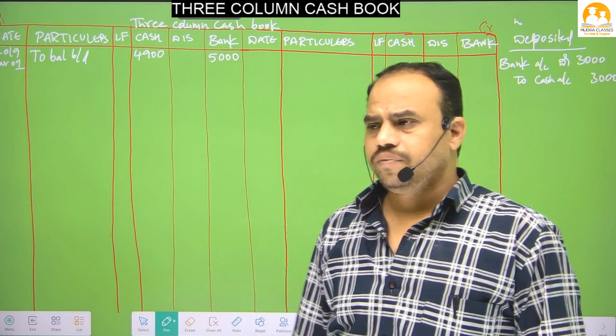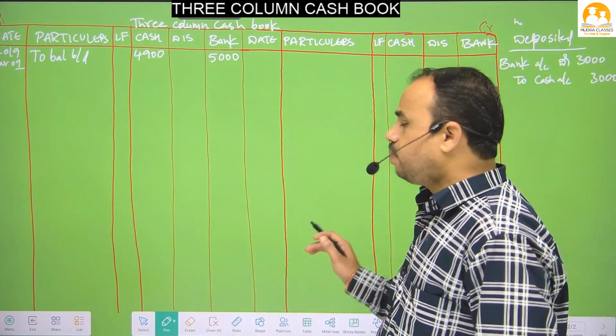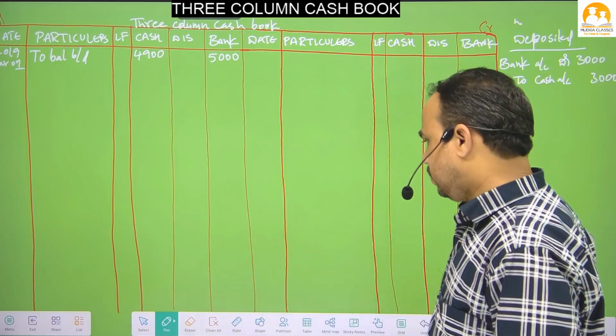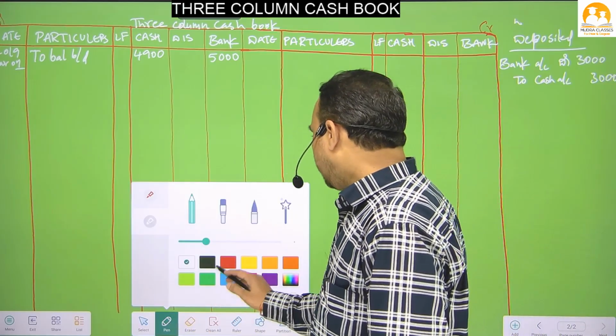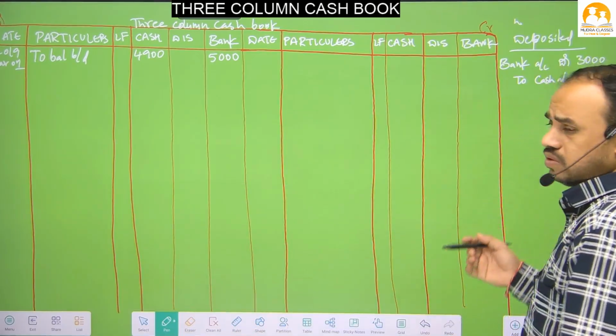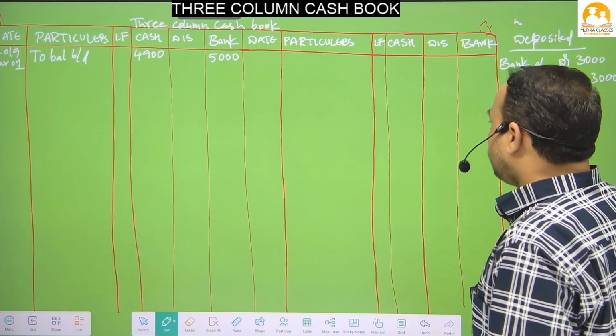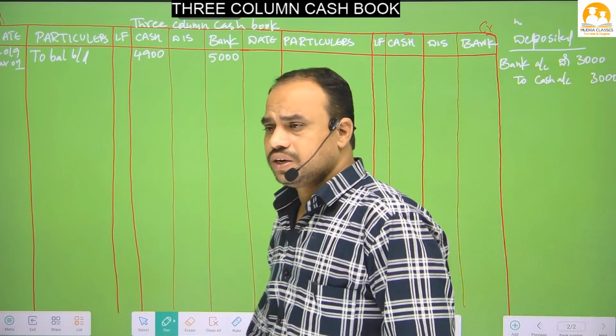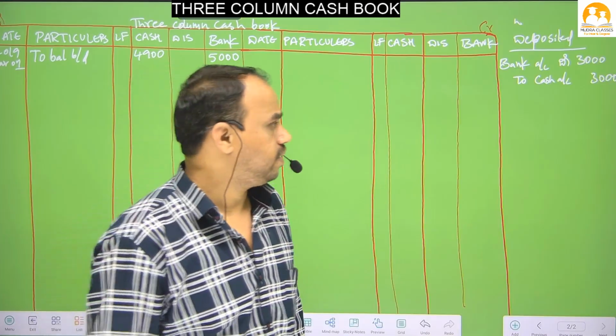Now we will see how to post this journal entry in the 3-column cash book. That is important. You have to recognize the contra entry, know which journal entry to use, and know how to post it in the 3-column cash book. That is very, very important.